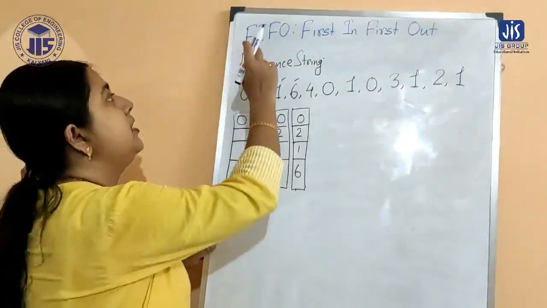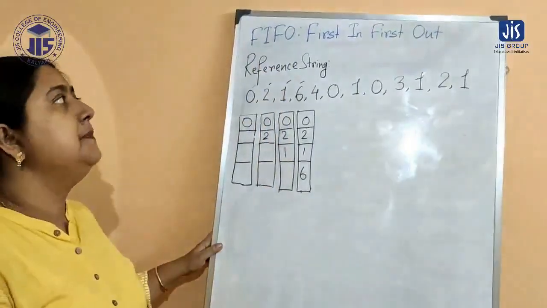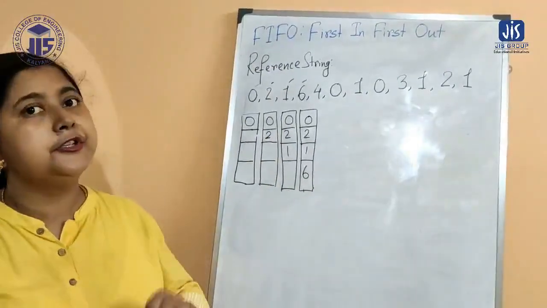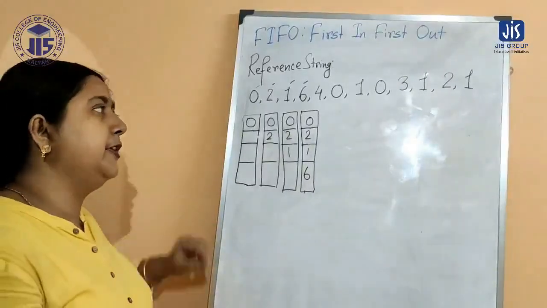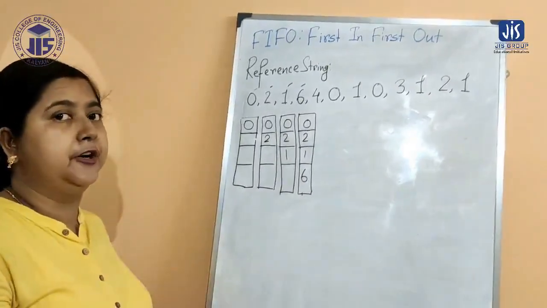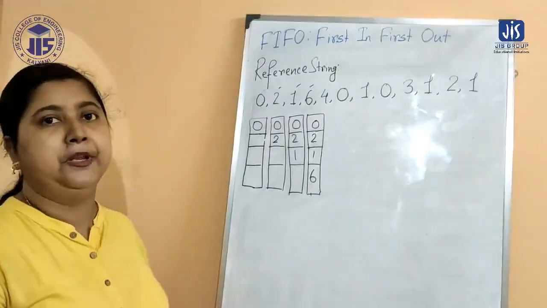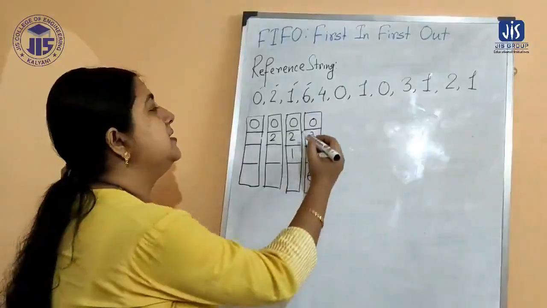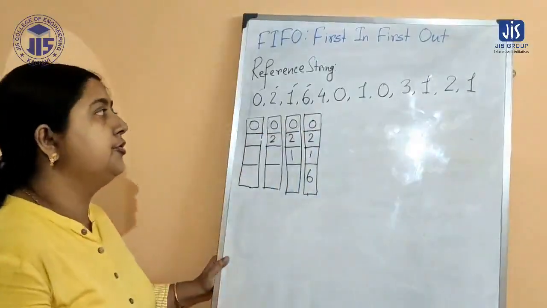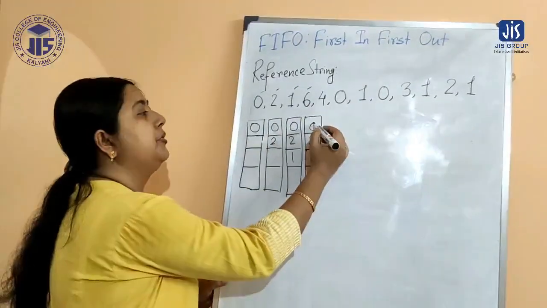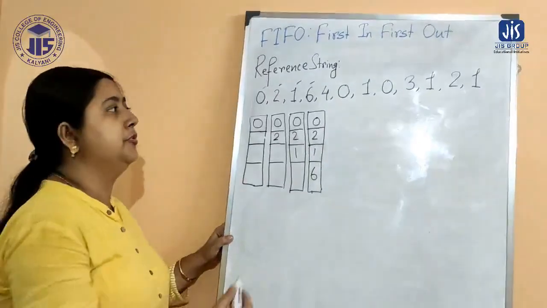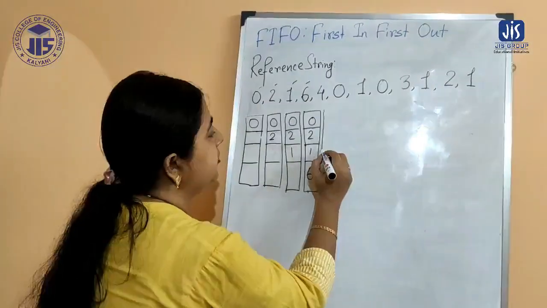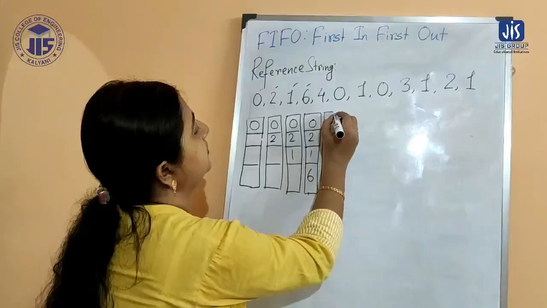Whenever we are following FIFO, it means first in, first out. So the reference which was loaded first is going to be replaced. Among all these 4 references, 0 came first. So 4 is going to be loaded in the place of 0. So 4 is going to replace 0.